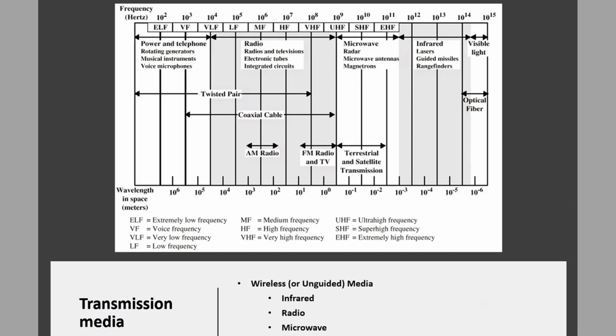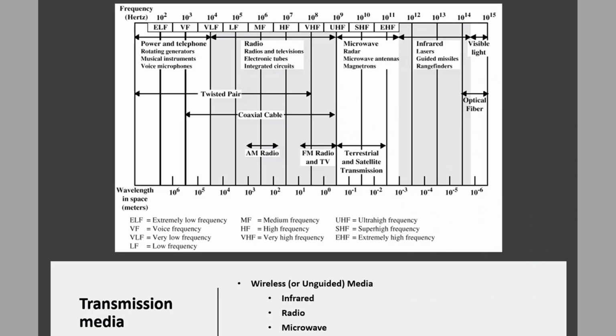From those examples, if you know the velocity and the wavelength, you can find the frequency, or vice versa. So this is wavelength, that is frequency, and these are the different frequency ranges in which certain communication happens.